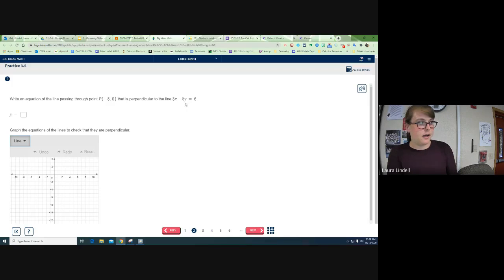So I'm going to switch to paper here for this one. I'm going to write down the question. We want it to go through -8, 0 and be perpendicular to 3x minus 5y equals 6.